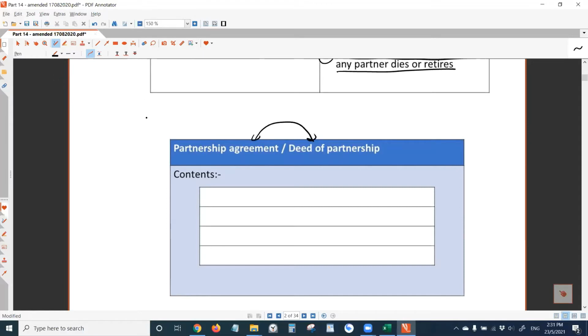Synonym. Now please write down with me the general purpose of having a partnership agreement. It's a very common question in the exam.